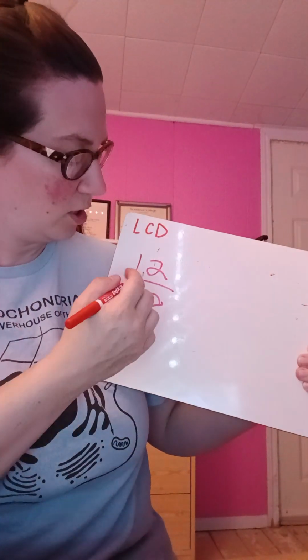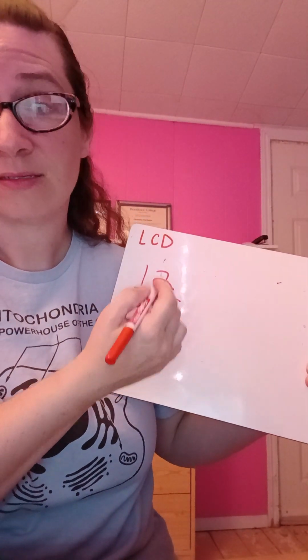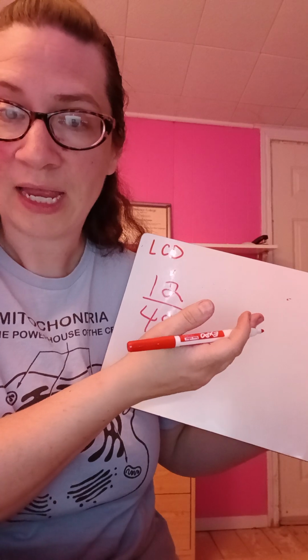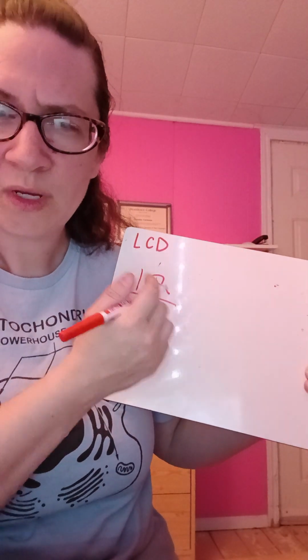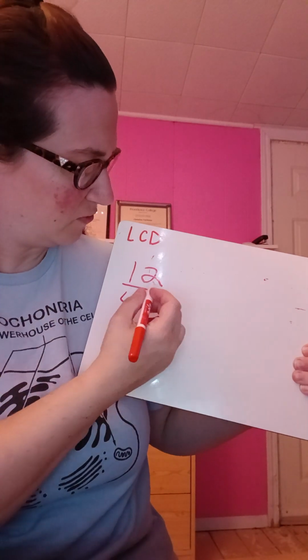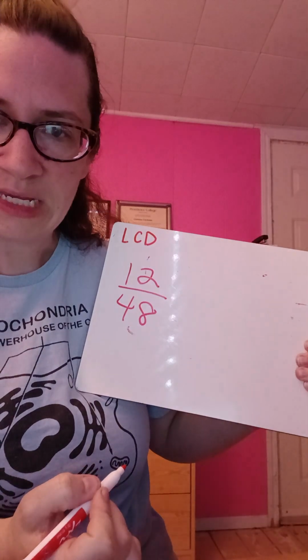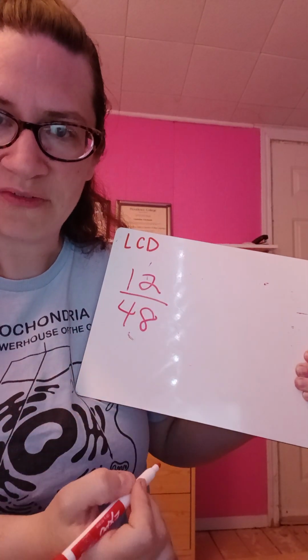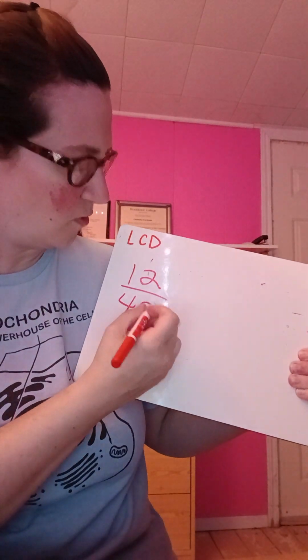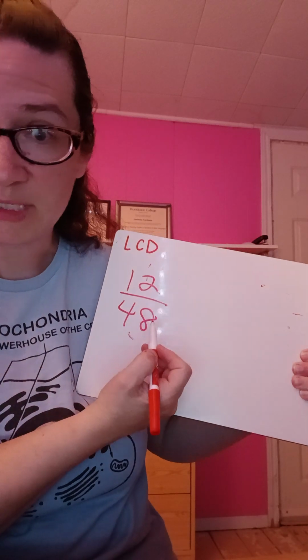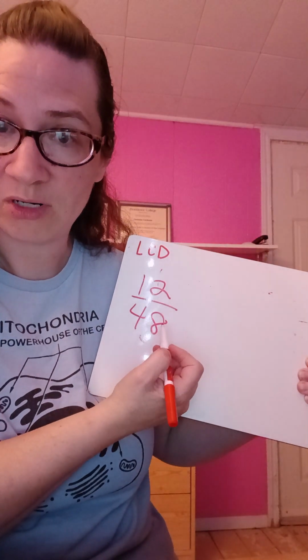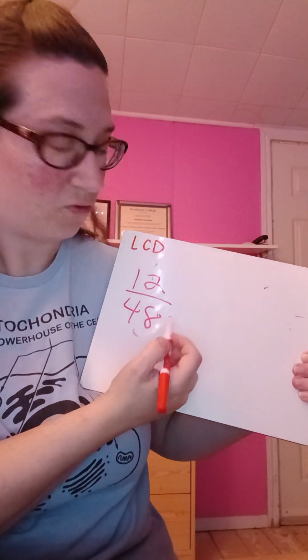So we're going to try and find, since equivalent fractions are multiplying, we're going the opposite this time. So we have to use our division skills. So we have to find a number that both of these can be divided by. So if you know your 12 times tables, you'll know that both of these numbers are divisible by 12.